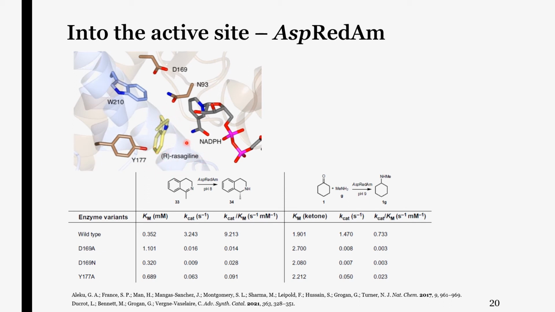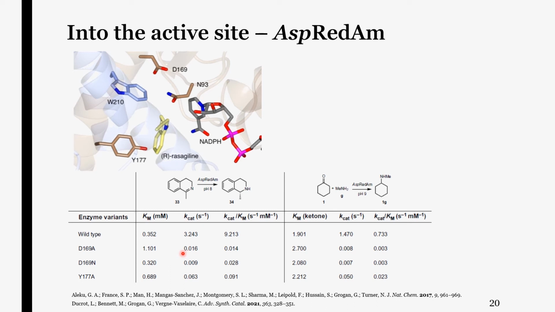And there they figured out that the position 169, the aspartate, and the tyrosine in 177 are rather important for the active site, and they proposed that they protonate the substrate.